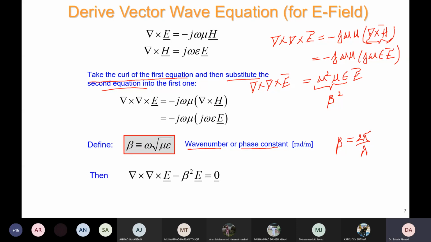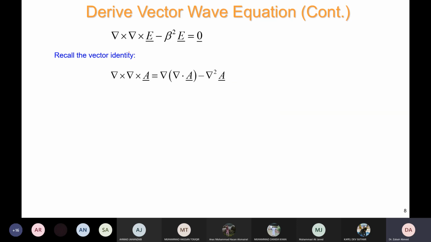Then our equation will become, if I move this term to the left hand side, we can write curl of curl of E minus beta square E equal to 0. Next, we can use a vector identity.